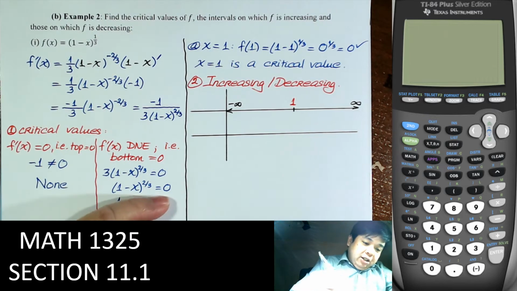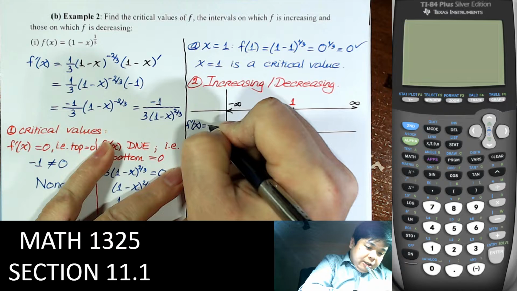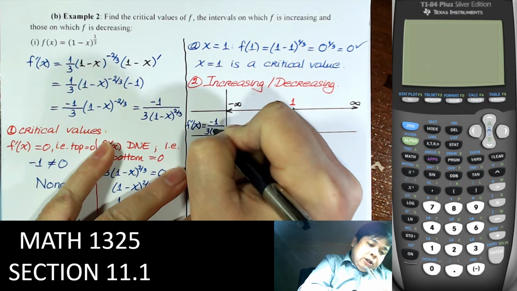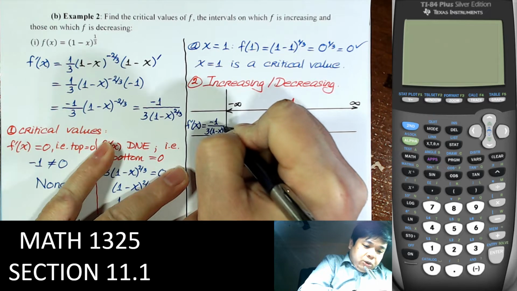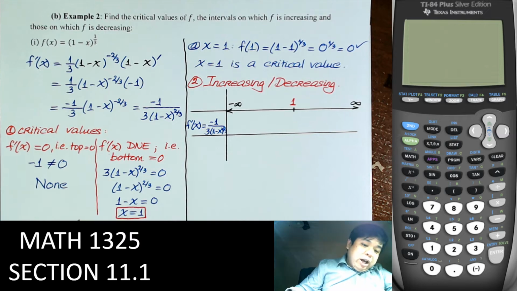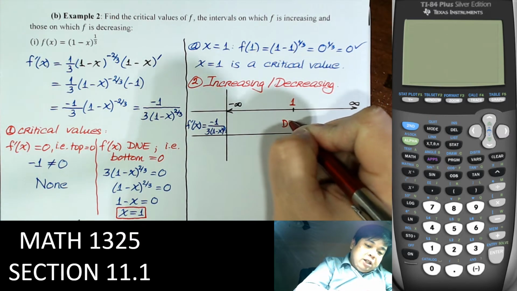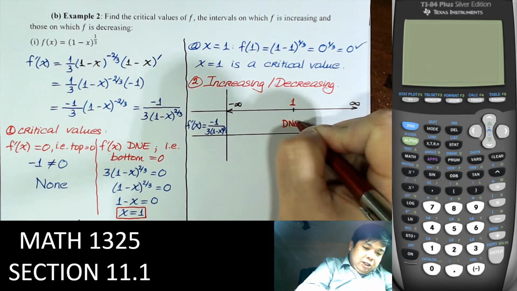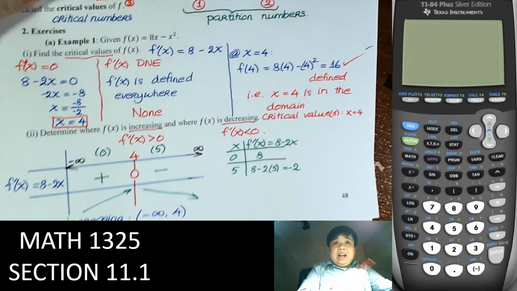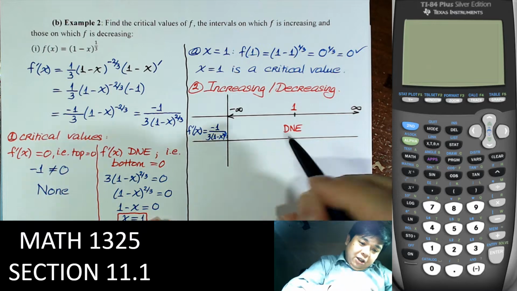And we have the derivative, negative 1 over 3 times 1 minus x to the 2/3. Now notice when x equals 1, it is undefined, or the derivative we usually say does not exist. As opposed to the last problem, where we had equal to 0, so label that clearly on the sign chart.